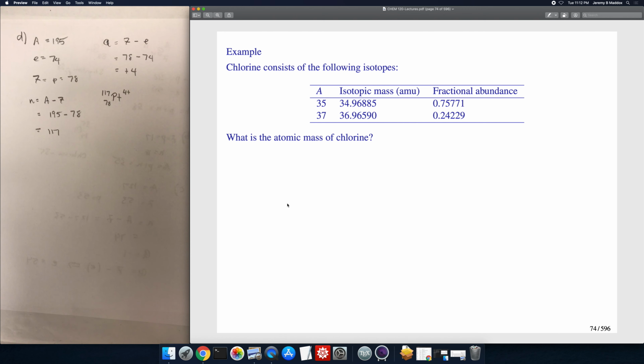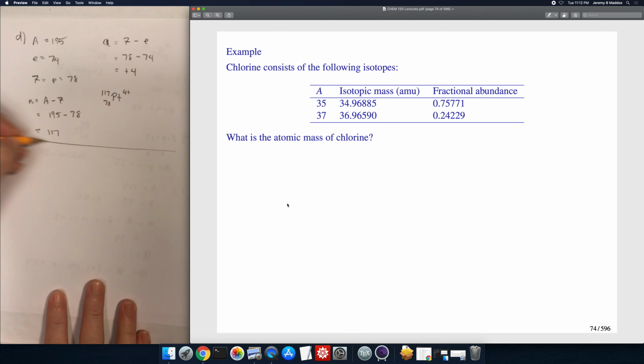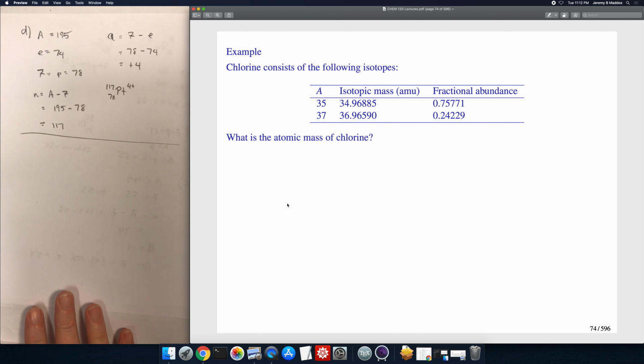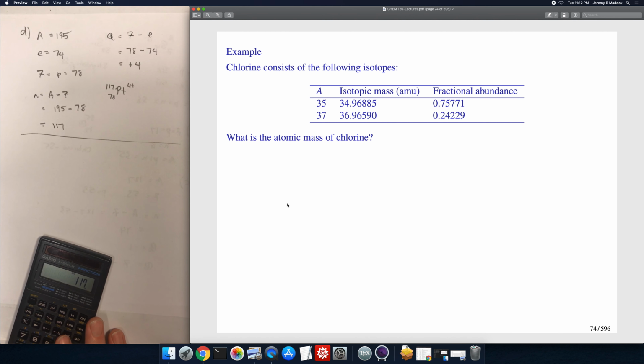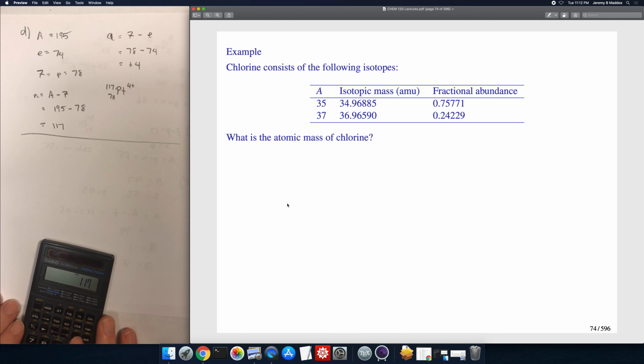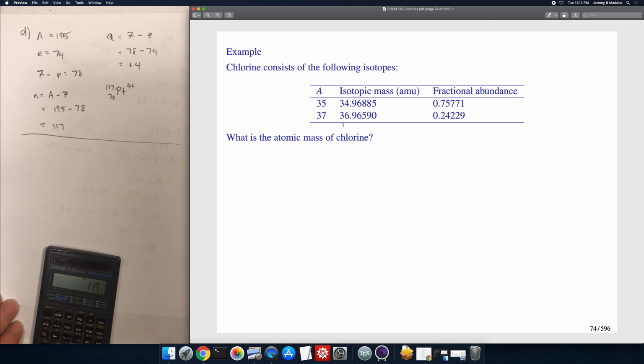Okay, so in this problem, we want to determine the average atomic mass of chlorine. So what I'm going to do is I'm going to take this column of numbers times that column of numbers, and I'm going to make a third column just right here. So I'll take the 34.96885 and multiply that by the abundance of chlorine-35.